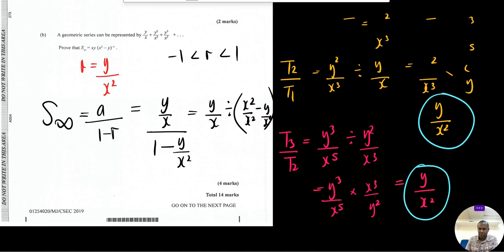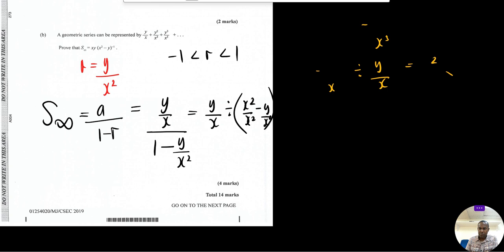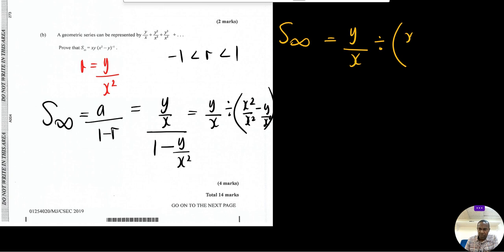Let me make some space over here. All right, so the sum to infinity, S infinity, is equal to y over x divided by x squared over x squared minus y over x squared.